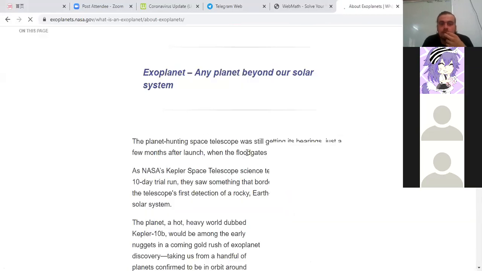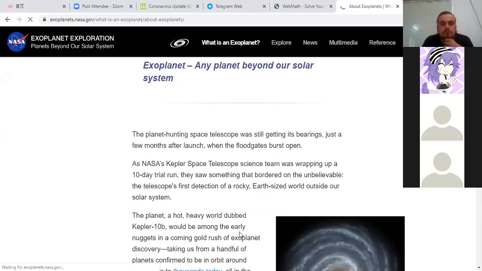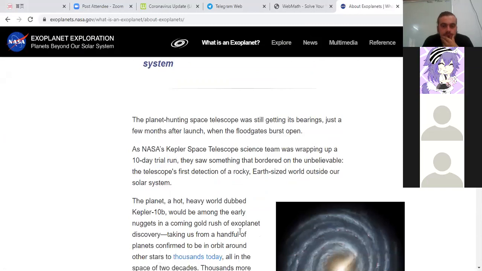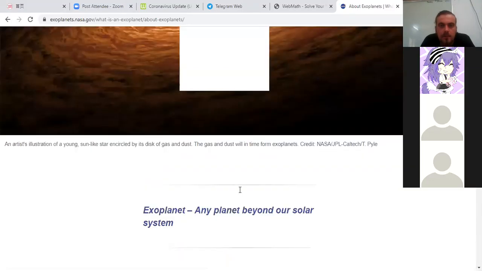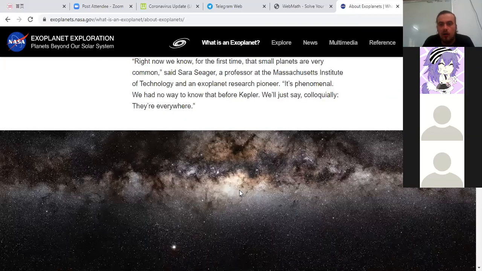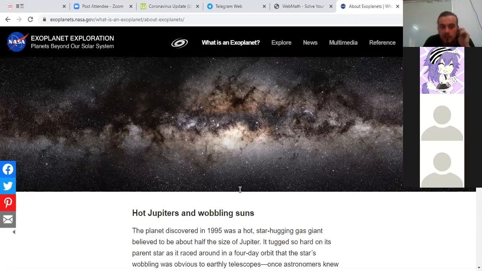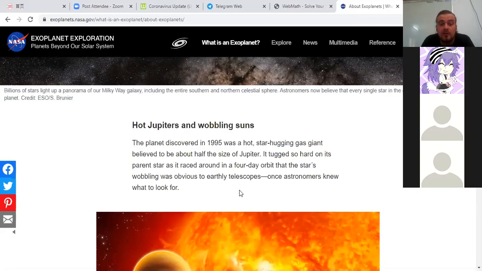The Planet Hunting Space Telescope was still getting its bearing just a few months after launch when the floodgate burst open. Okay, so exoplanets are just planets outside of our solar system. And there are millions of them. So all you need to do is go on and have a look, see if you can find a planet.